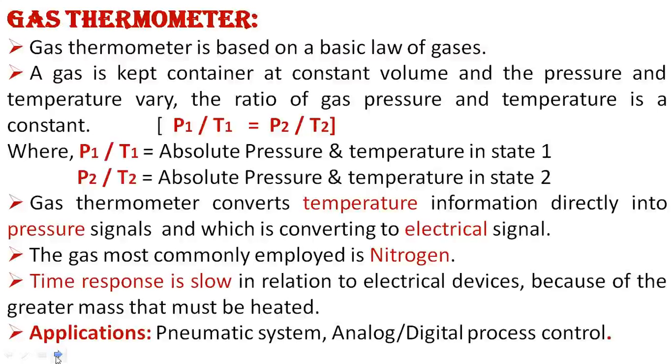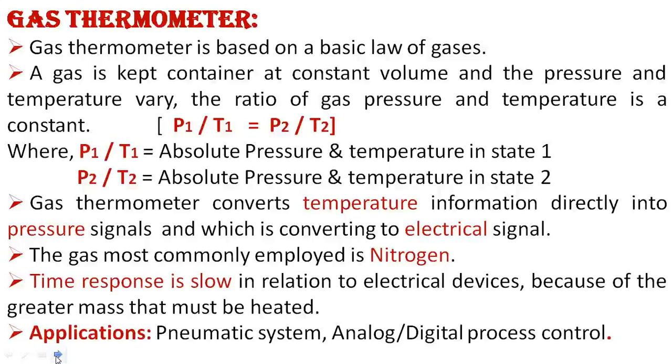A gas thermometer is based on the basic laws of gases. A gas is kept at constant volume while the pressure and the temperature vary. The ratio of gas pressure and temperature is constant: P1 upon T1 is equal to P2 upon T2, where P1 and T1 are the absolute pressure and temperature in state 1, and P2 and T2 are the absolute pressure and temperature in state 2.